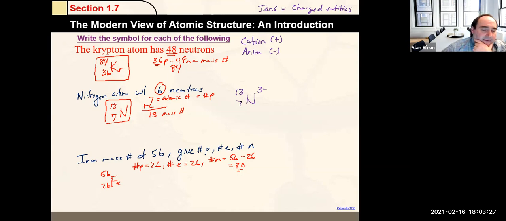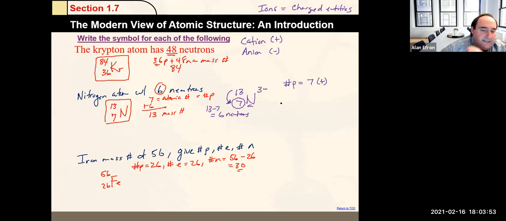Well, first off, we know it's nitrogen, and the atomic number is 7. That means that the number of protons we have is 7. The number of neutrons would actually be the same. That's our 13 minus 7, which would give us 6 neutrons.